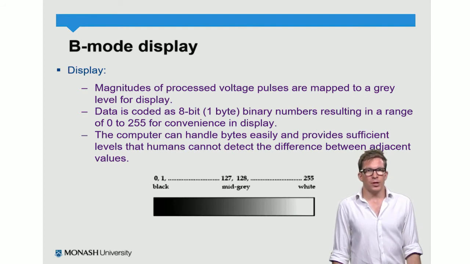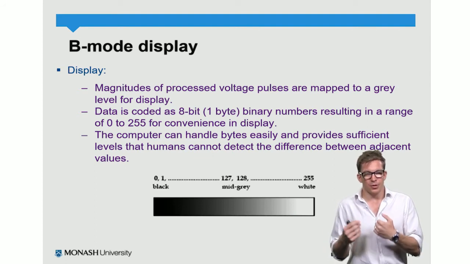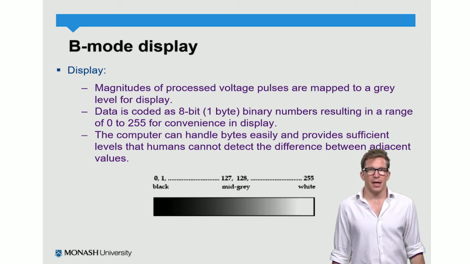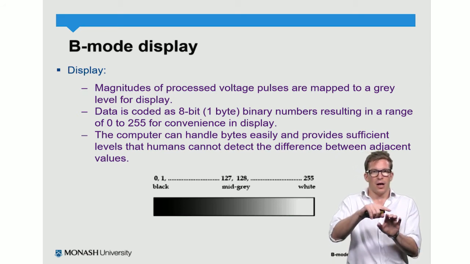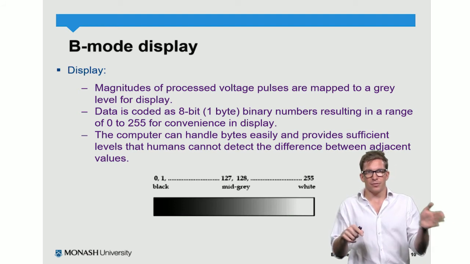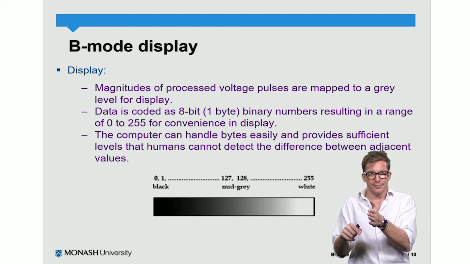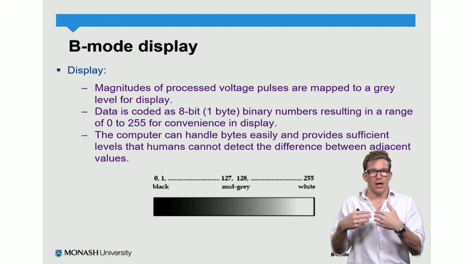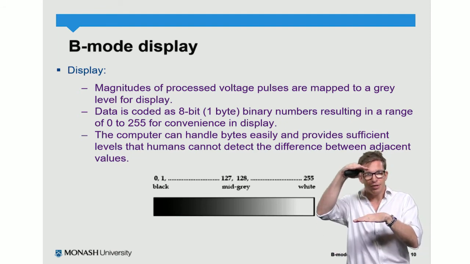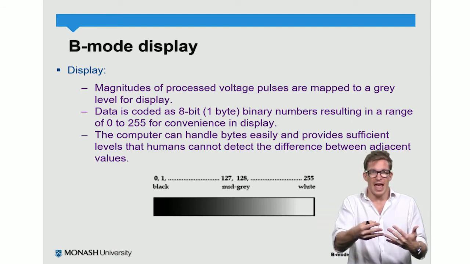Okay, then once we've done all of this processing, we then have to display that intensity. So our step pulse that we have after those initial steps is going to have a height that was proportional to the area of the pulse.